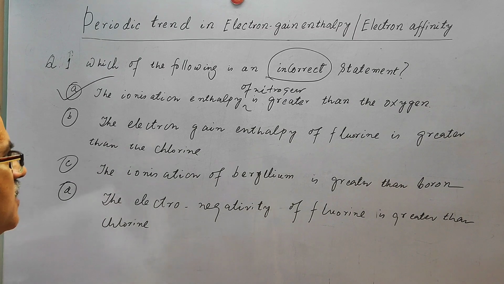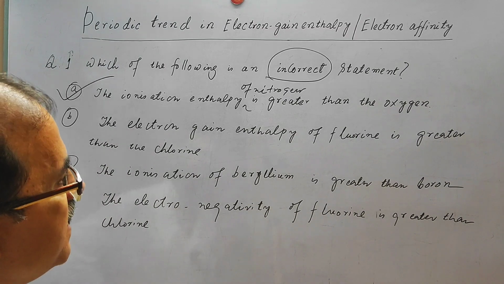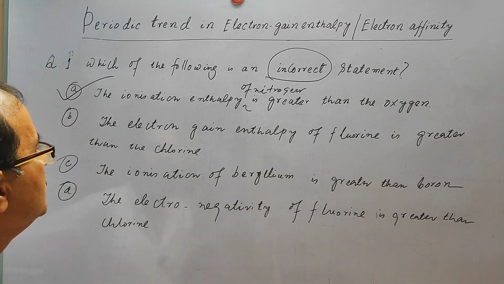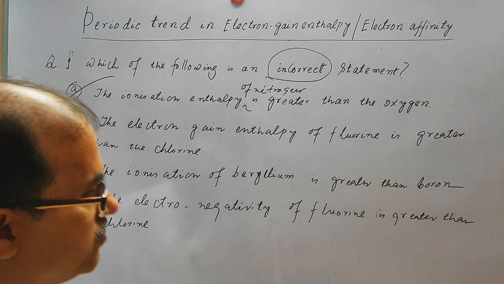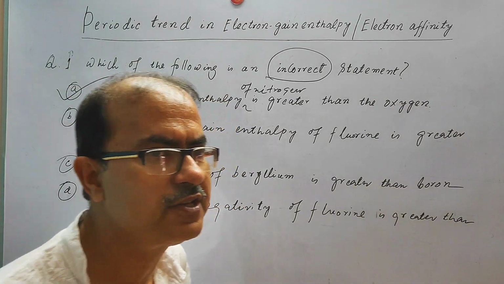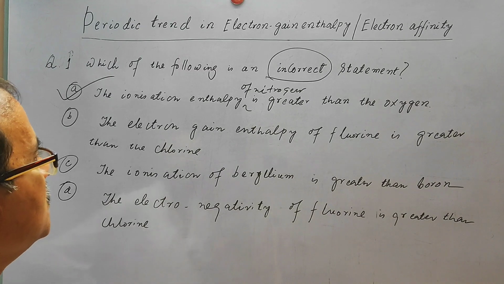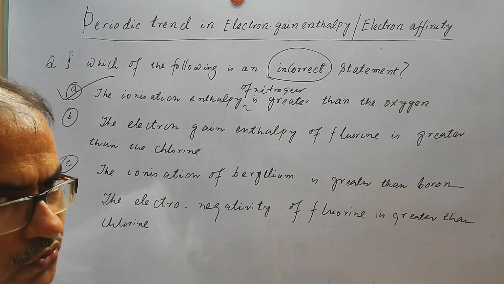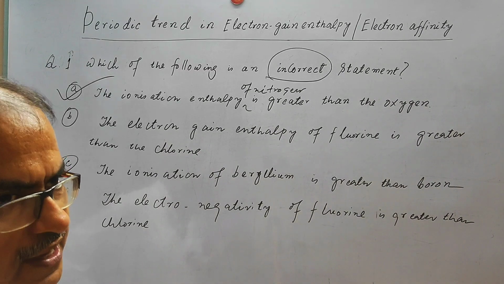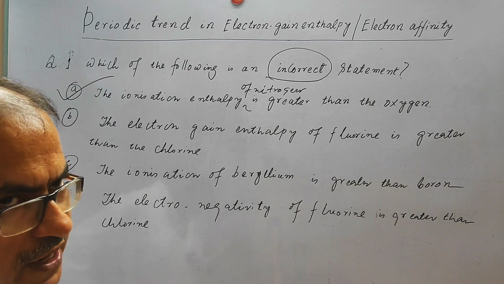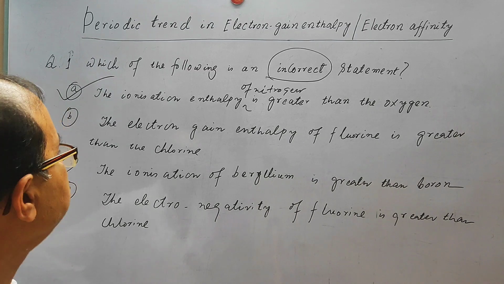First, the ionization enthalpy of nitrogen is greater than oxygen. This is the correct one because nitrogen has the most stable electronic configuration, because its 2p subshell is half filled. So to remove one electron from this 2p subshell is not easy.